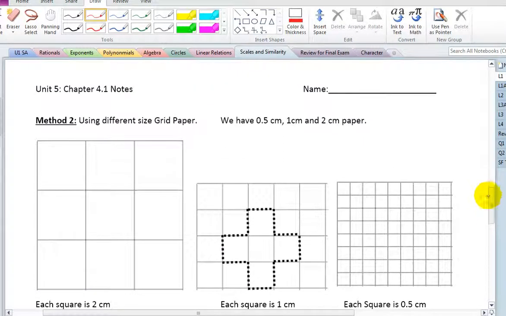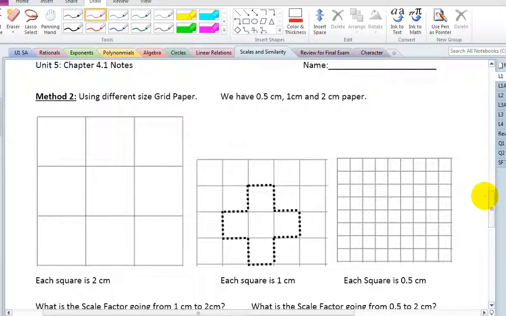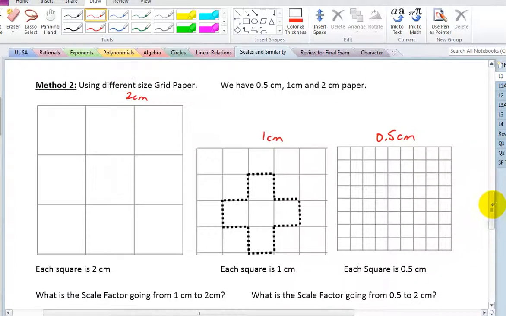So, method number 2 is using different size grid. We have 0.5 centimeter. That's the small, medium grid, sorry. Check that. I'm screwing up here. We have 1 centimeter, which is in the middle, 0.5 centimeter, which is the smallest, and 2 centimeter, which is the largest. Okay. So in the bottom, you can see that the size talks about the dimensions of the square.